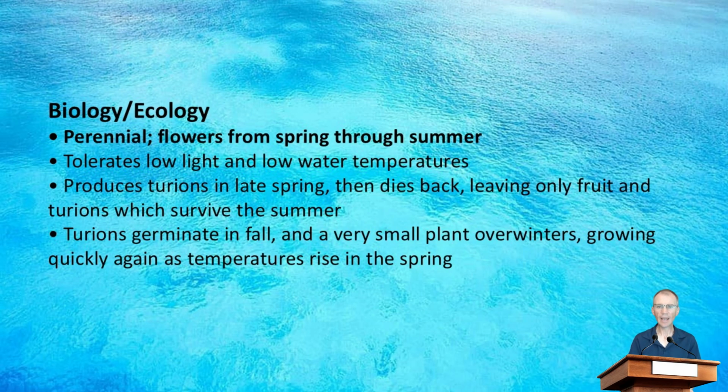Tolerates low light and low water temperatures. Produces turions in late spring, then dies back, leaving only fruit and turions which survive the summer. Turions germinate in the fall, and a very small plant overwinters, growing quickly again as temperatures rise in the spring.